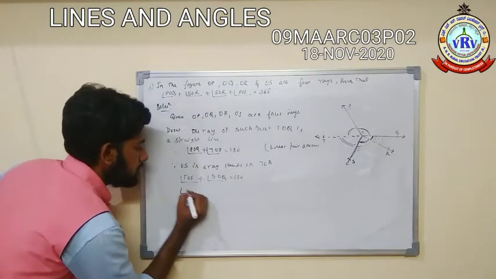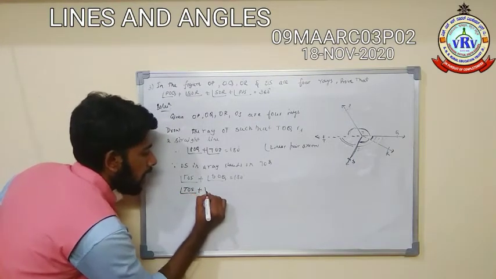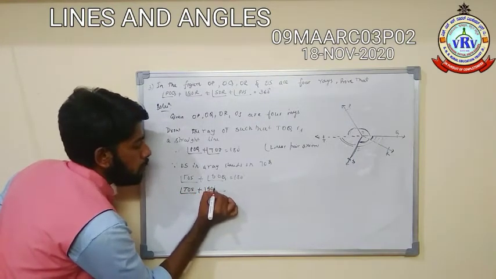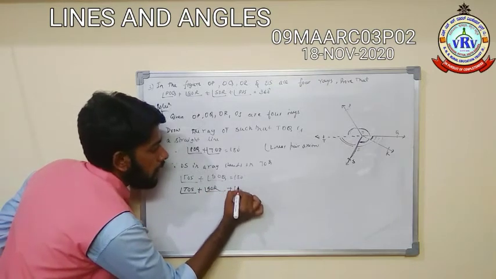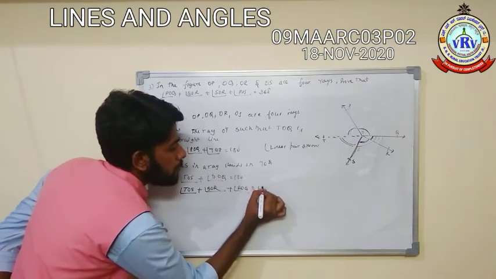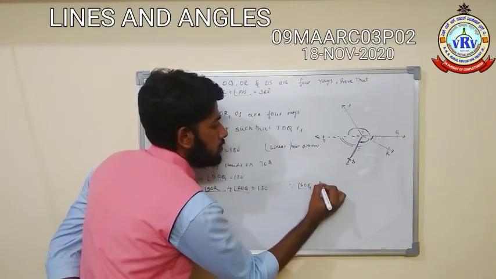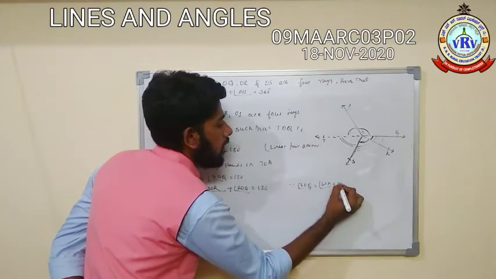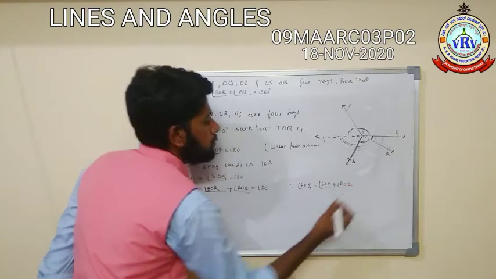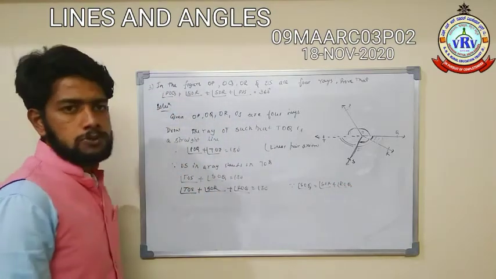I can replace SOQ as SOR plus ROQ, because angle SOQ is equal to SOR plus ROQ. Why am I substituting?